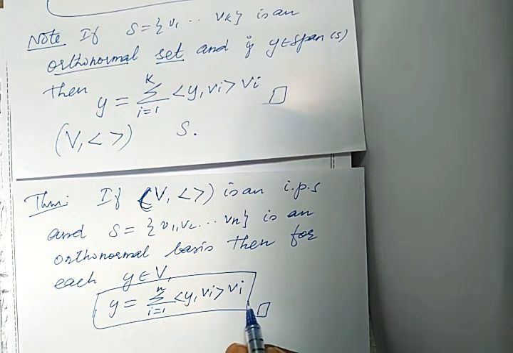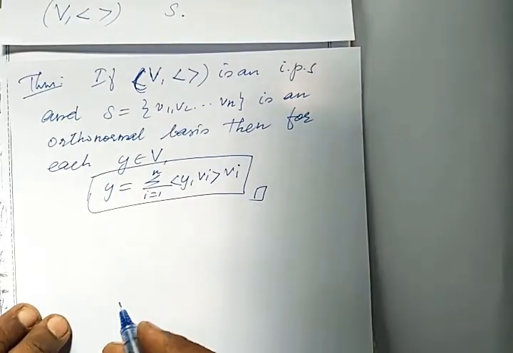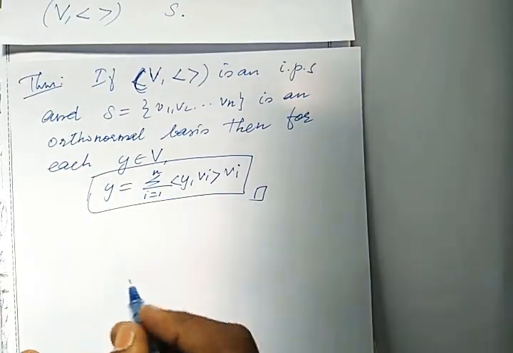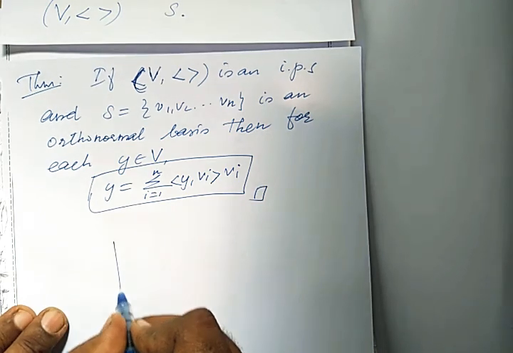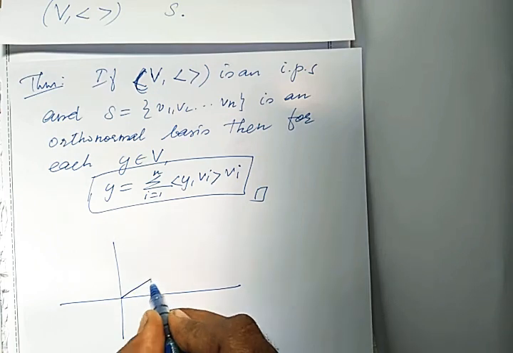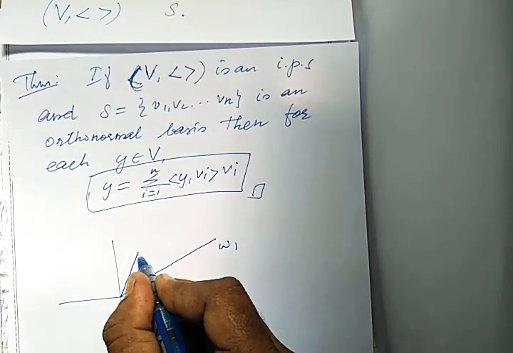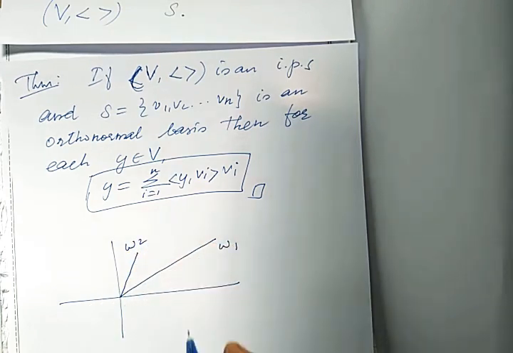Now let us see the Gram-Schmidt process. Before that, just let us see this. Suppose we are given two linearly independent vectors, for example W1 and W2 in R2.